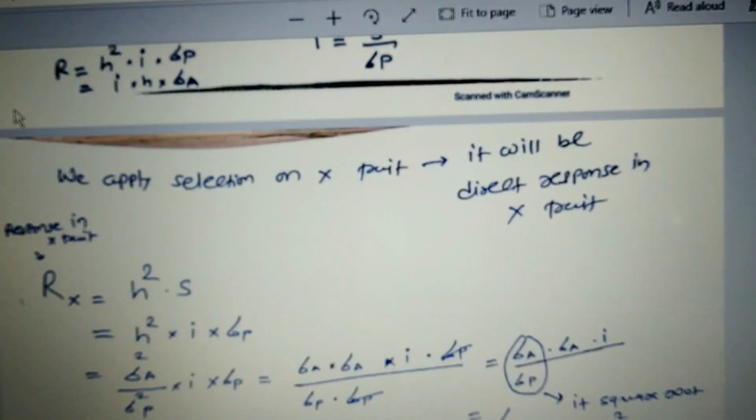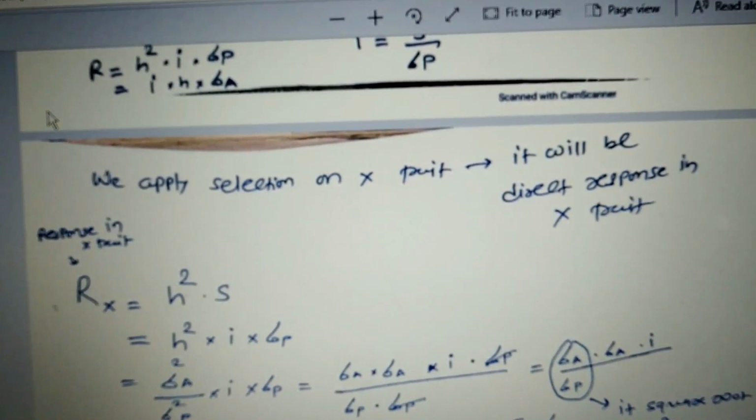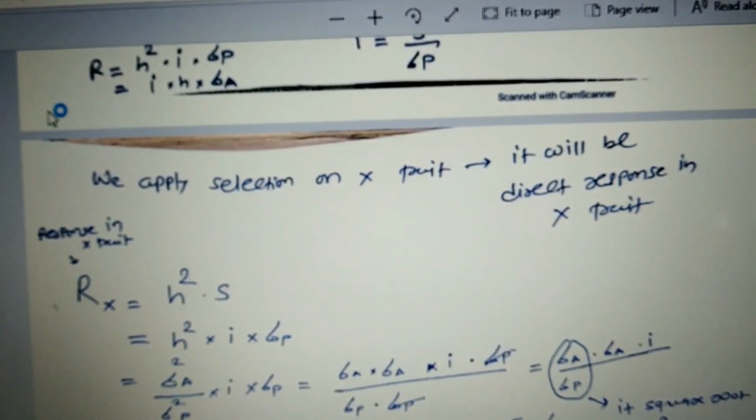So let us start how to derive this formula. When we apply the selection on the X trait, it will be the direct response. Why? Because we are applying the selection on the X trait only. So definitely when we apply the selection, we will get the response. That response is called a direct response.